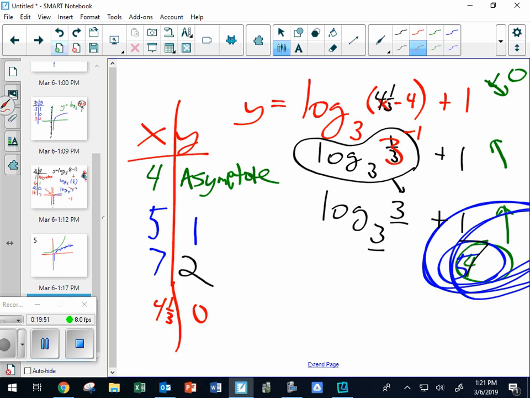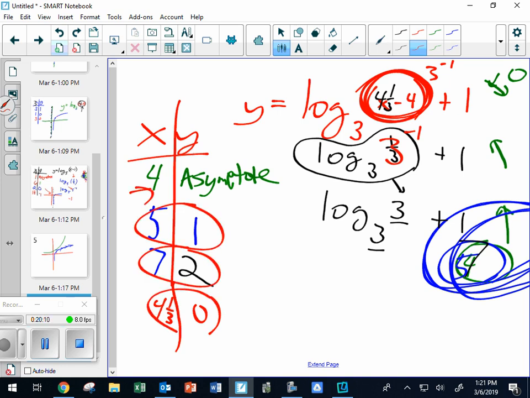That's the hard one. The hard one is trying to make this part into 1/3, which is like 3 to the negative 1. It's hard sometimes to figure out what number it is that'll make that work. Okay, so you got 3 points and the asymptote.